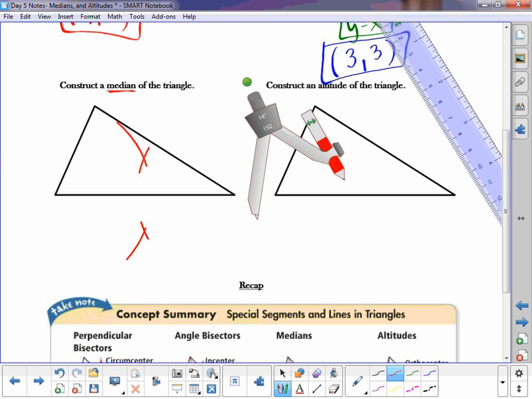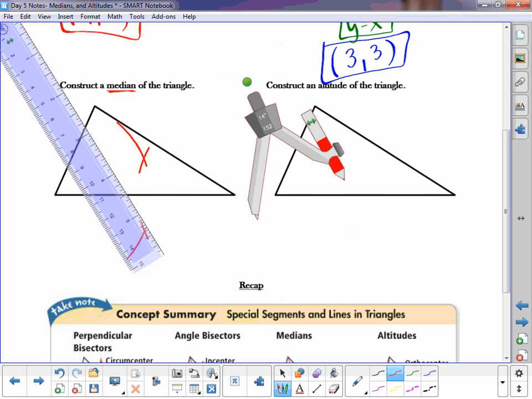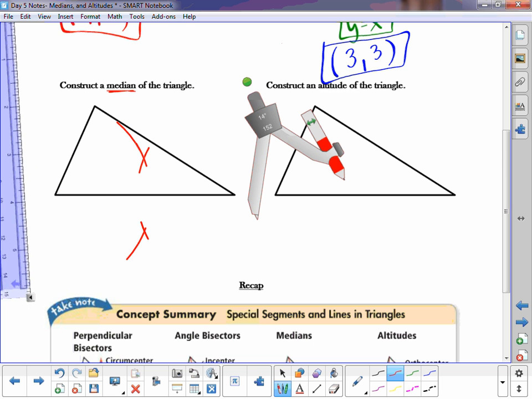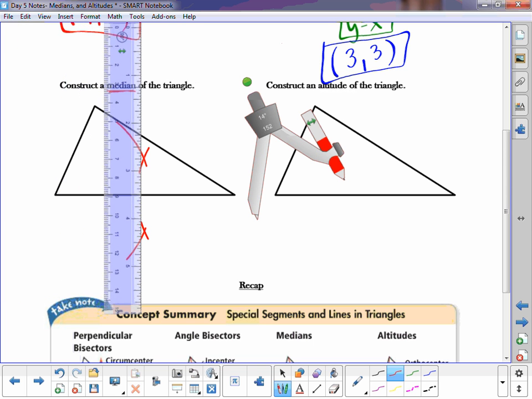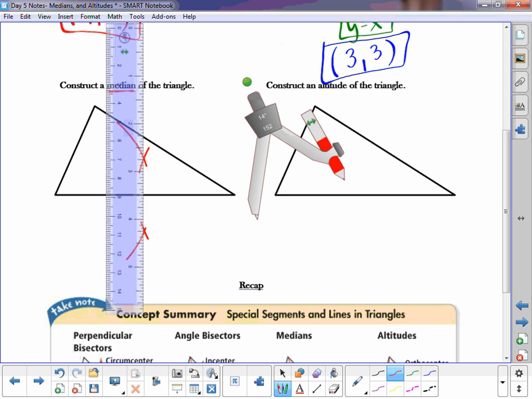Now, typically what we do, because for a perpendicular bisector, we actually want that whole line, right? But here we're just interested in the midpoint. So you can draw that whole line, but it's not necessary. Once you line up with your ruler, you can just make a little marking to know where your midpoint is. So normally for a perpendicular bisector, we would do the whole line and mark it perpendicular. We are only interested in the midpoint, so I'm just going to do a little mark so I know where my midpoint is.